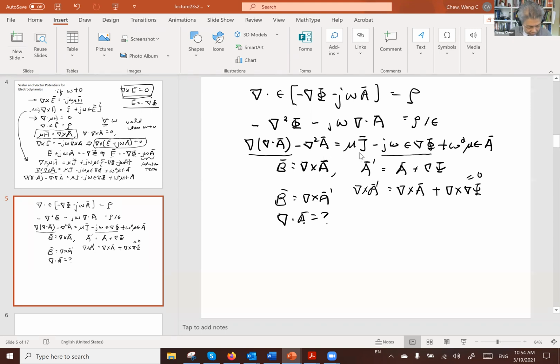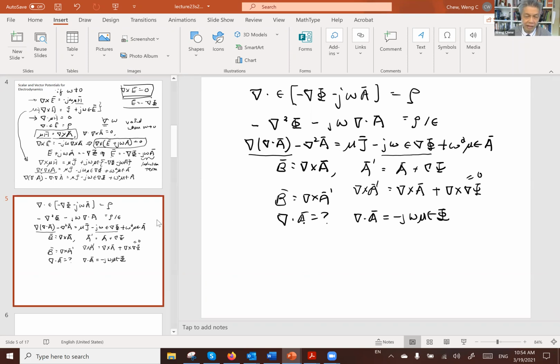becomes greatly simplified. And with this trick in mind, I stipulate divergence of A to be minus j omega mu epsilon phi. Okay, if I were to substitute this in here, I must have made a mistake because there is a mu that is missing here.